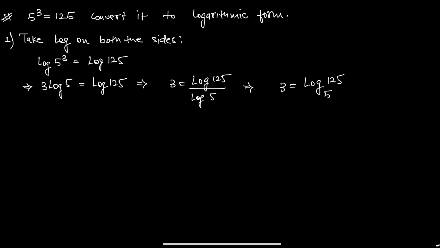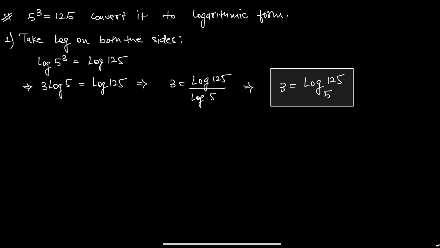Here we have used the base changing theorem to write it as log 125 base 5 equals 3. So you can see this was your exponential function, and with the help of logarithmic concepts we have converted this exponential function to a logarithmic function.